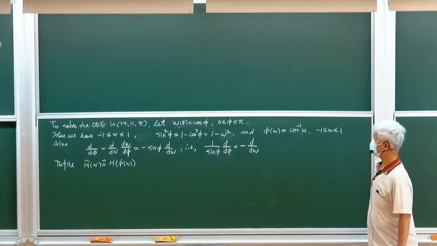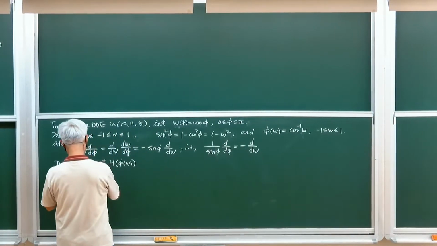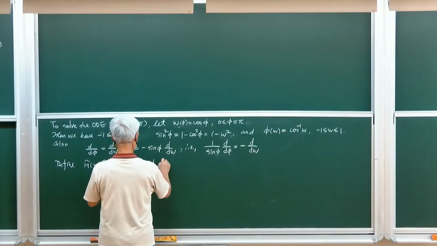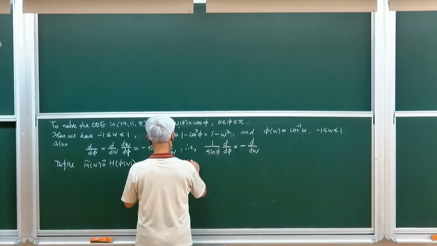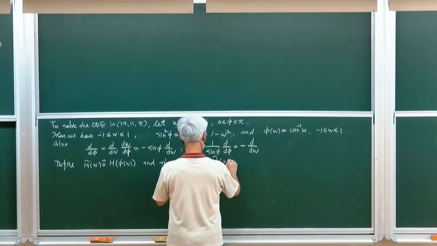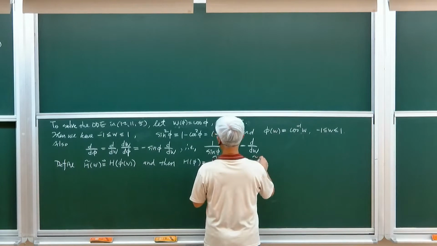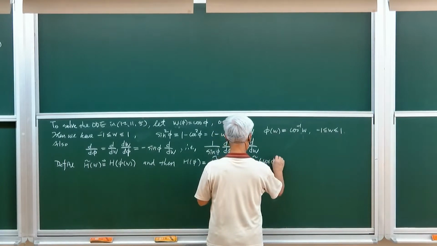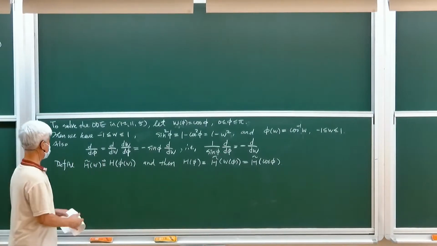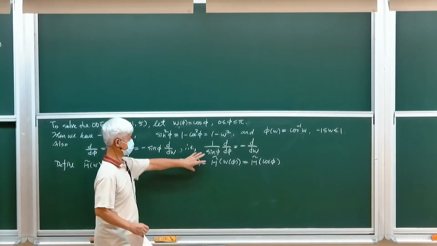Now we define this function, and then h(phi) is equal to h tilde(w(phi)), which is h tilde of cosine phi. So once we find h tilde, then we can find h(phi), right?